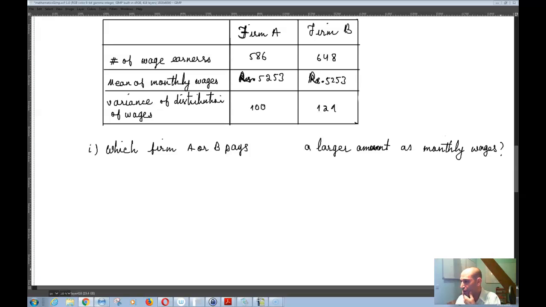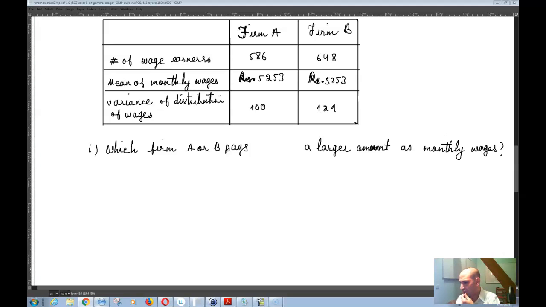The monthly wages of firm A is equal to 5,253, and the number of wage earners in firm A is equal to 586. The monthly wages of firm B would be 5,253, and the number of wage earners is 648. Thus the firm B pays a larger amount as monthly wages.